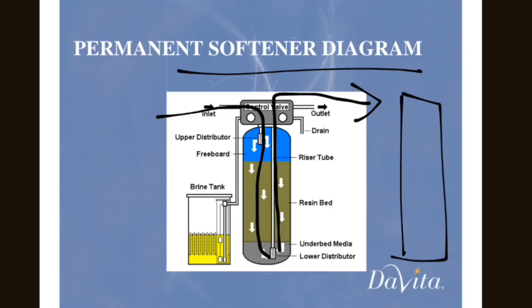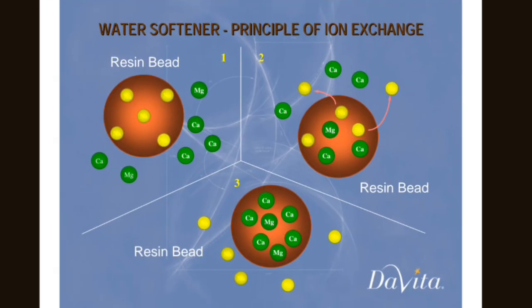When water passes through this, there are resin beds which have ions. In this picture we can see that magnesium and calcium are trapped in the resin bed and water is free from calcium and magnesium, and the hardness of water is decreased.